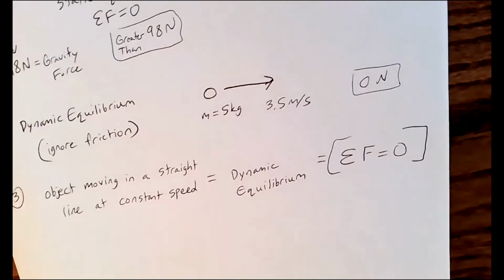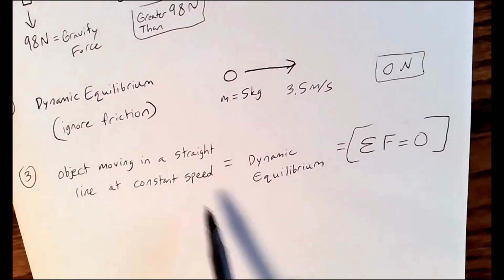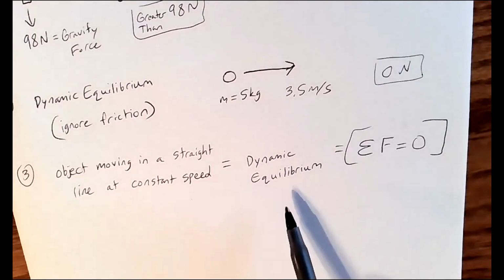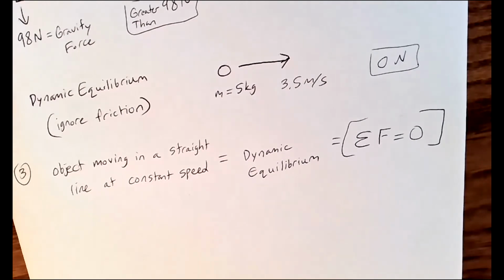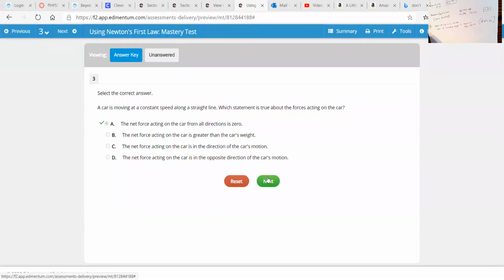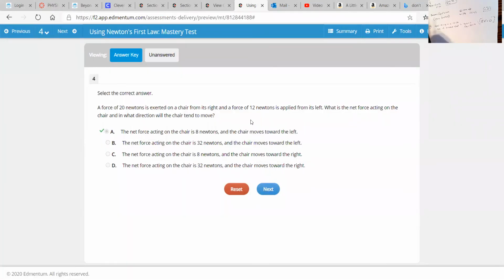Okay? Anytime you've seen this phrase, think dynamic equilibrium, sum of all forces acting on it are 0. Or the sum is 0. Okay. Let's move on. Number 4.